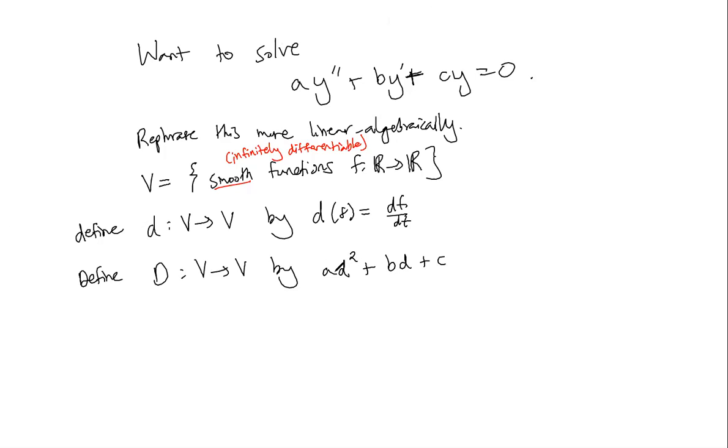So what this means is d squared, for example, means d composed with d. So you take d, you apply it to a function, then you apply it again. That's going to give you the second derivative. And what I mean here is addition of linear transformations, and you have the identity linear transformation.